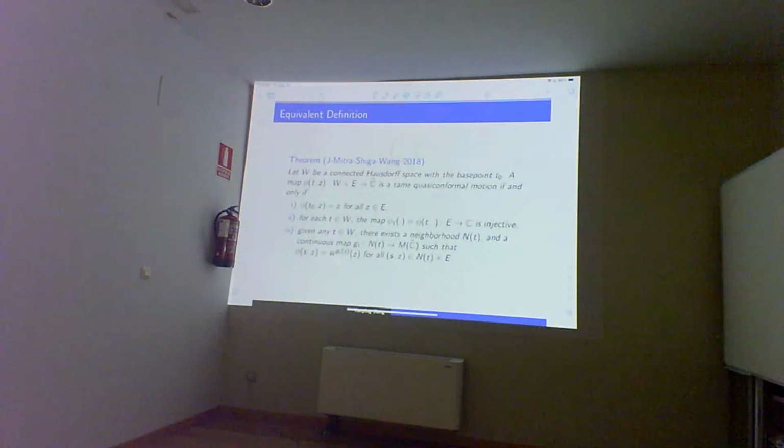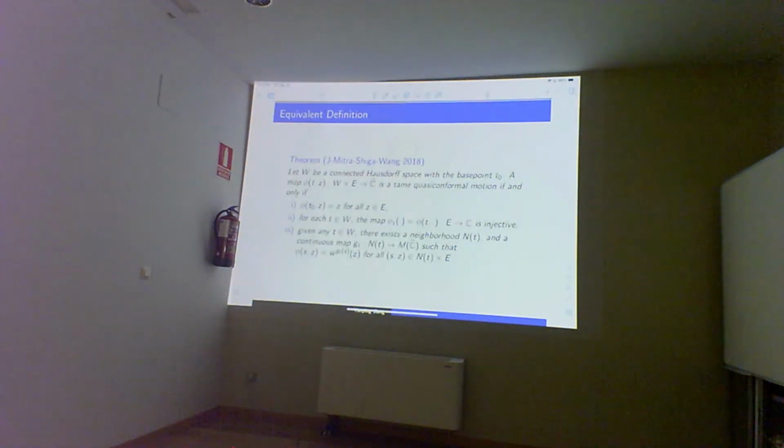The third is that for every t there exists a neighborhood and a continuous map from the neighborhood to M(C), the space of Beltrami coefficients, such that phi_s(z) equals w^{mu_s}(z) for all s belonging to the neighborhood. Here w^{mu_t} means the unique quasi-conformal mapping whose Beltrami coefficient is mu_t and which fixes 0, 1, infinity, right?